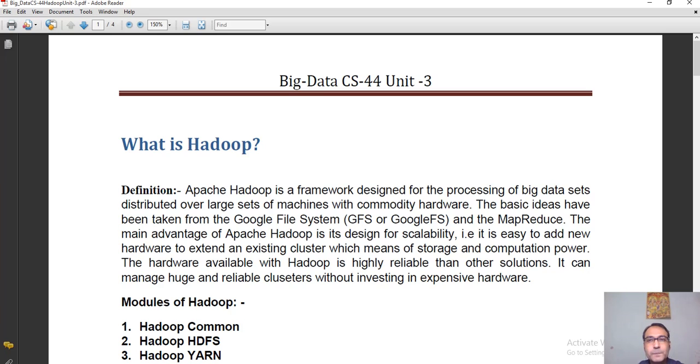The file manager of Hadoop describes a file system which is similar to the Google file system, also known as Google FS, and MapReduce, which means that the Google file system and MapReduce are two very important parts of Hadoop.